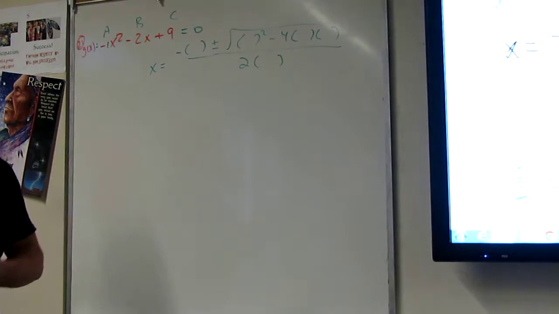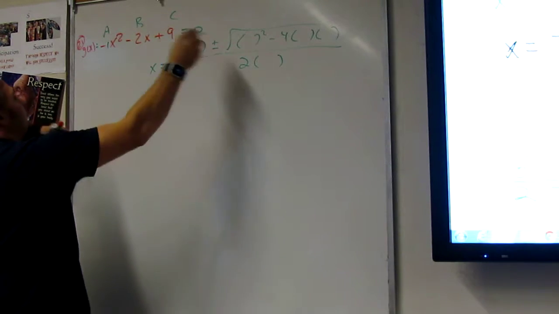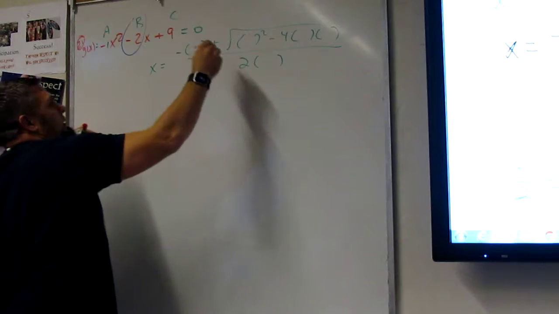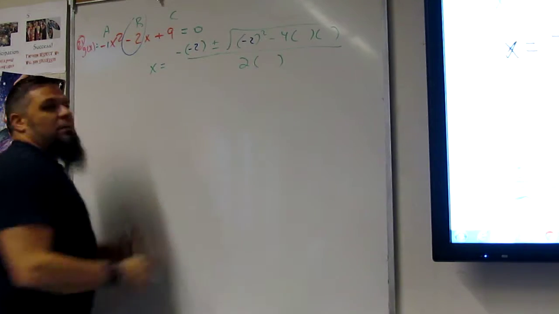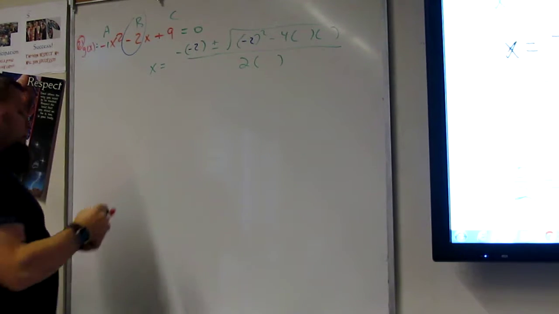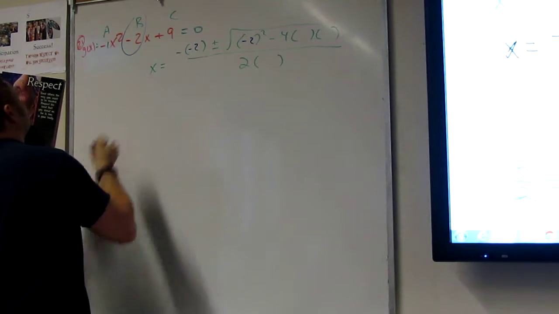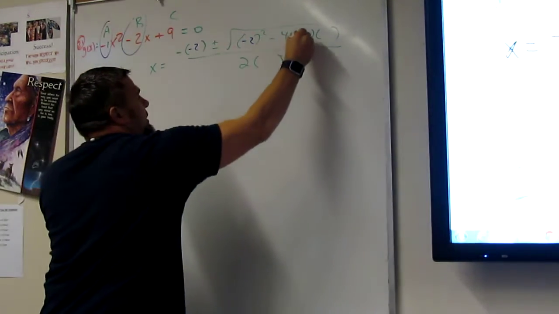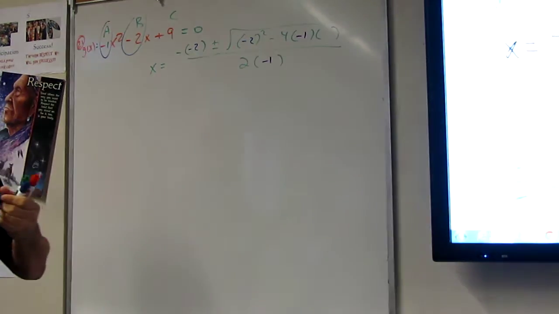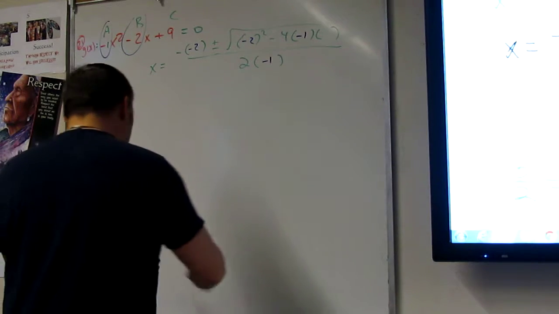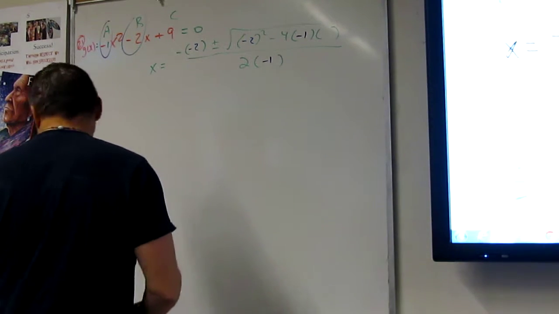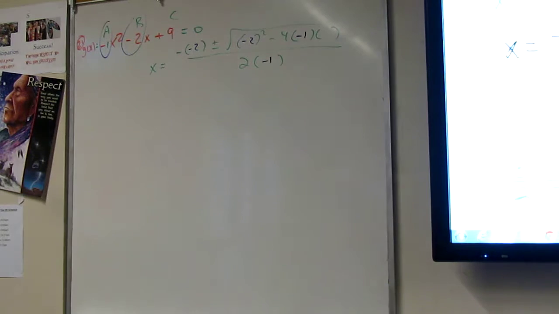And then I just start plugging in the numbers. My b is negative 2, okay? My a is negative 1, okay?